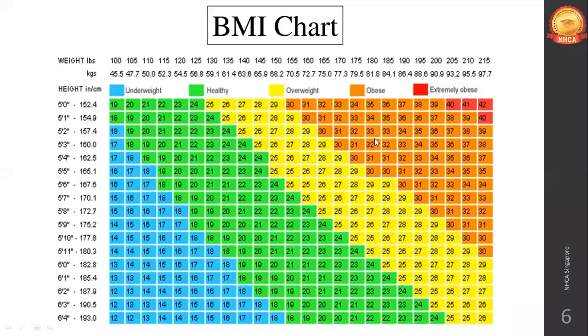So what is the answer to the question that I have asked? Let's say a person is 5.9 feet high. Okay, that's the height, 5 feet 9 inch. What is the ideal weight for them using this chart?